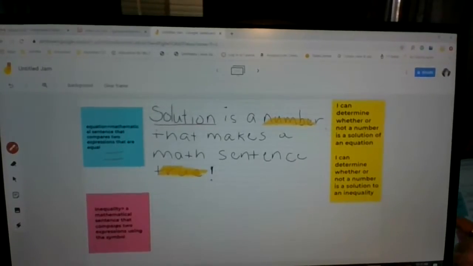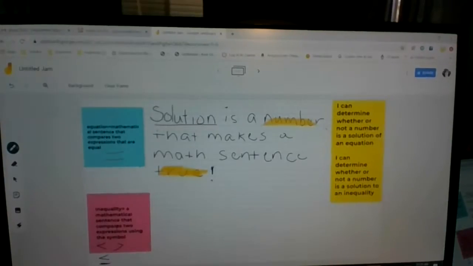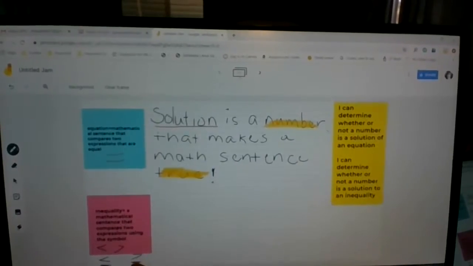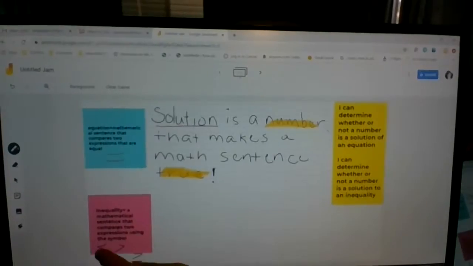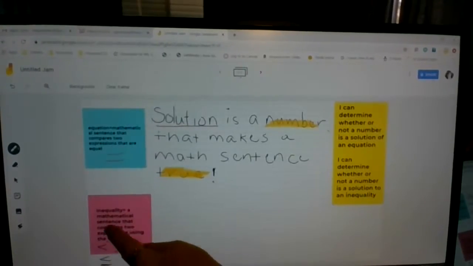So let me give you those symbols really quickly here. We have less than, greater than, less than or equal to, and greater than or equal to. These are the symbols that we are going to be using with an inequality.